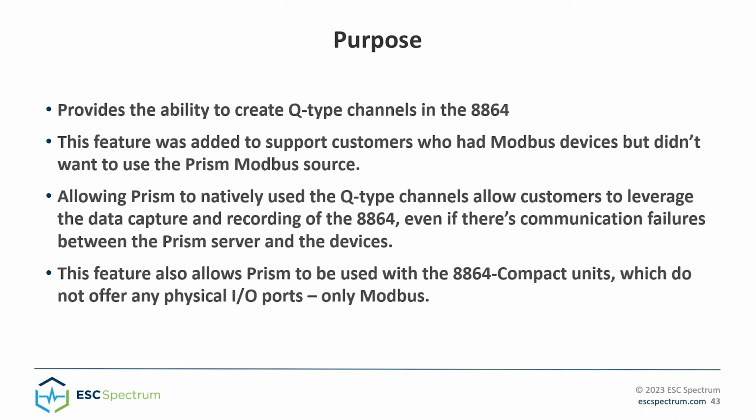This is added to support customers who had Modbus devices but didn't want to use the Prism Modbus source as the source type. And also the 8864 compact units, they don't have a physical I/O, so it's just Modbus. This allows Prism to be used with those compact units.